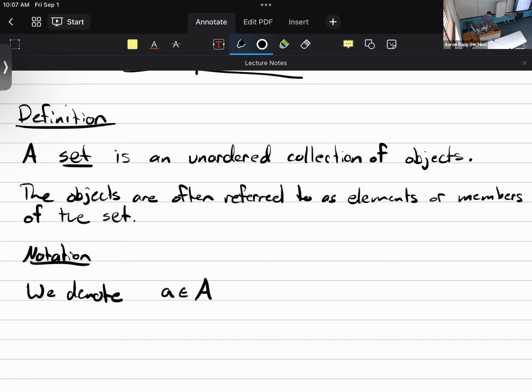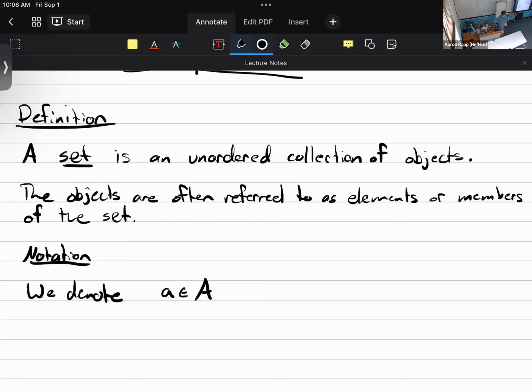Capital A. So we'll usually reserve capital letters to represent sets, unless there's going to be some special case, and lowercase letters to be elements, if we were referring to a general element or a specific letter itself.